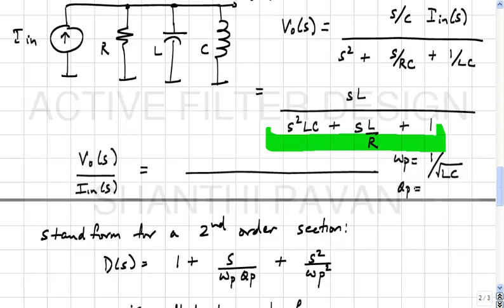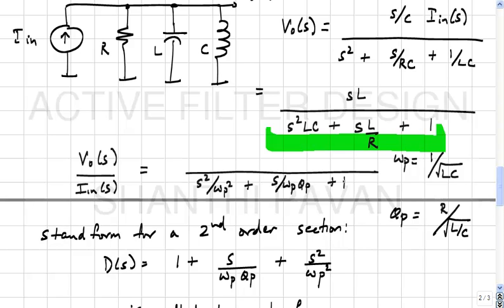If R becomes large, do you think QP will increase or decrease? In other words, QP is the ratio of R divided by square root of L by C, so this is S square by omega p square plus S by omega p QP plus 1.